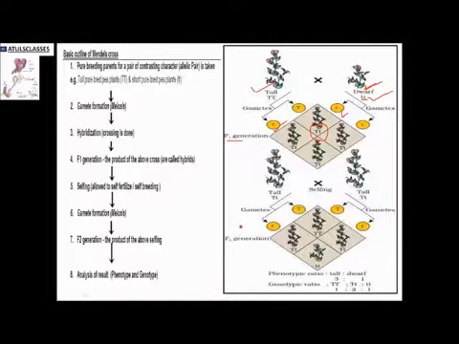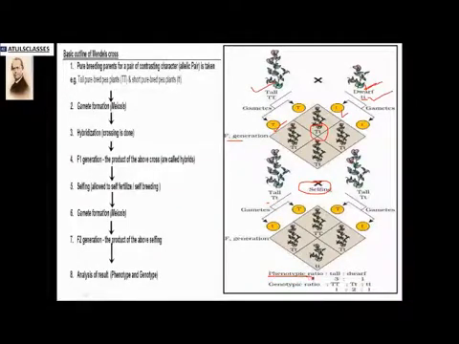When the F2 generation was obtained by selfing, we obtain the phenotypic ratio, that is the expressed character, as 3 tall and 1 dwarf, and the genotypic ratio as 1 pure homozygous dominant, 2 heterozygous dominant, and 1 homozygous recessive.